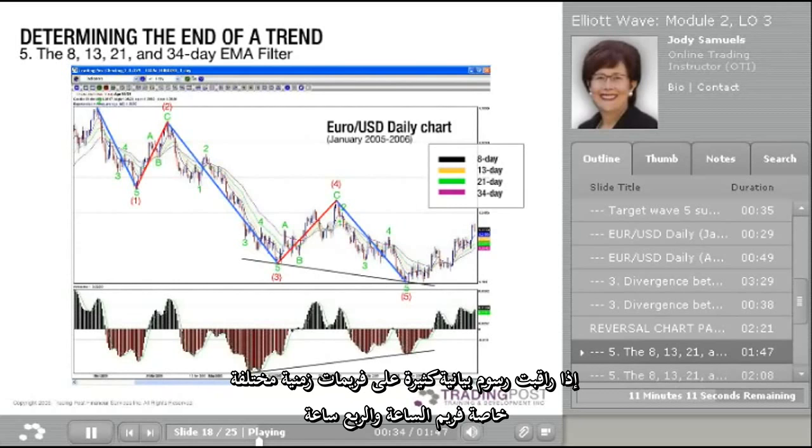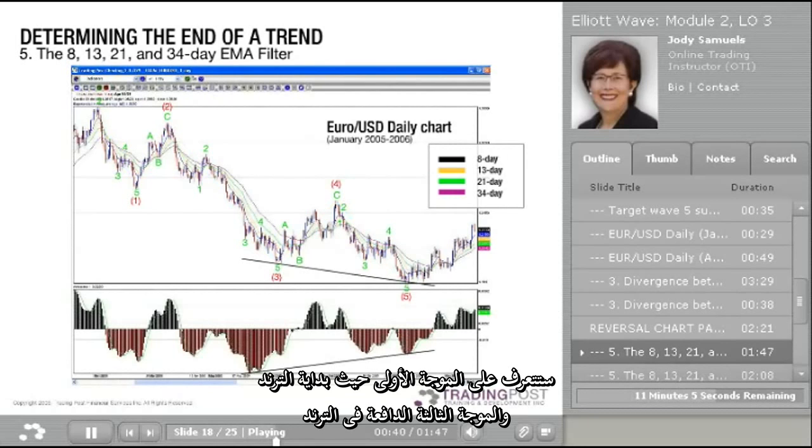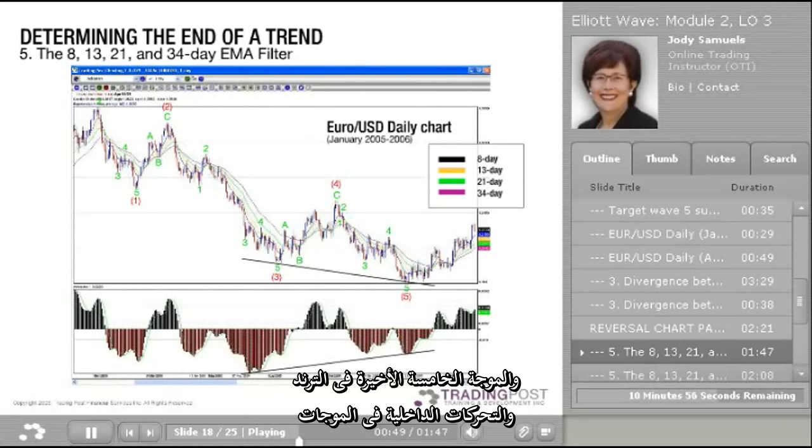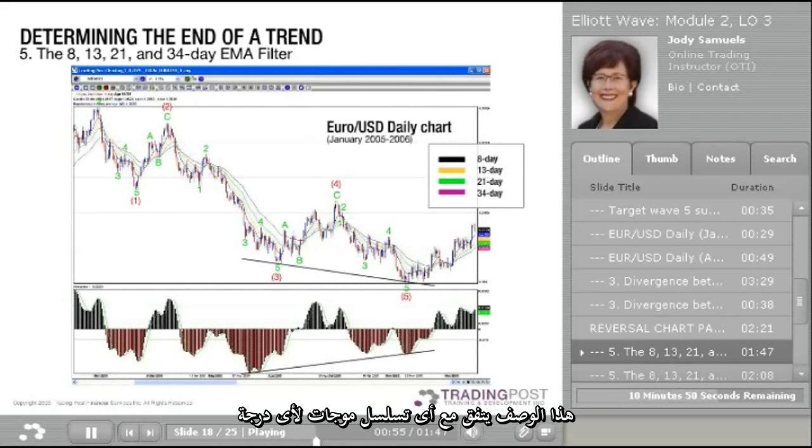If you observe enough charts of varying time frames, especially the hourly and 15-minute, you will become familiar with the wave 1 start of the trend, the wave 3 impulsive thrust of the trend, and the wave 5 completeness of the trend, and of course the corrective pauses in between. This description holds true for every 5-wave sequence of every degree. In fact, taking apart trends will become intuitive after a while.